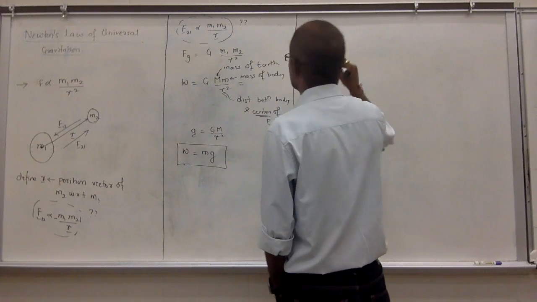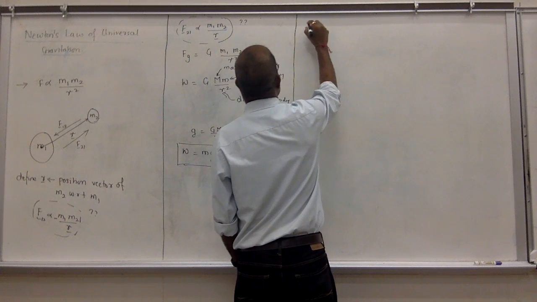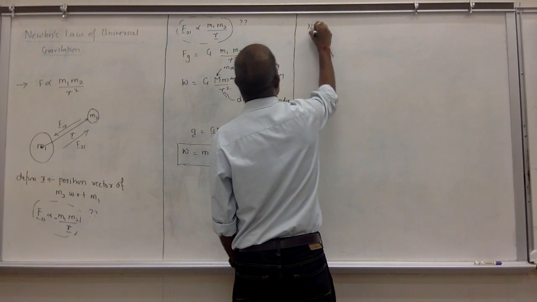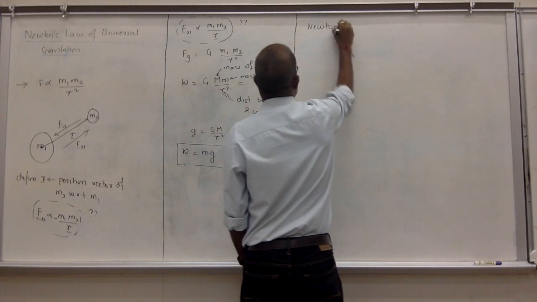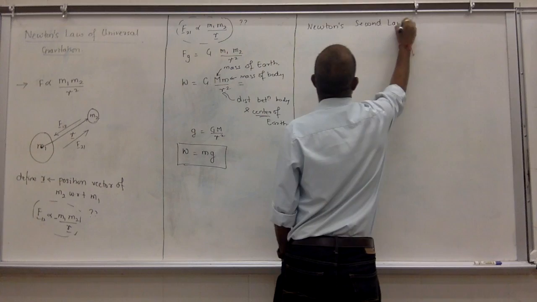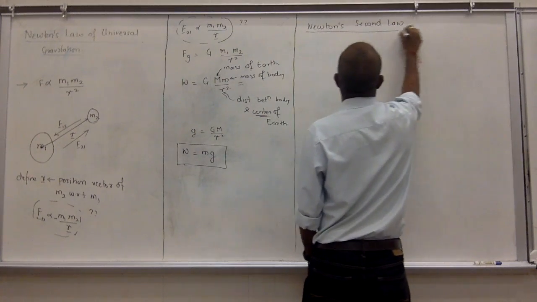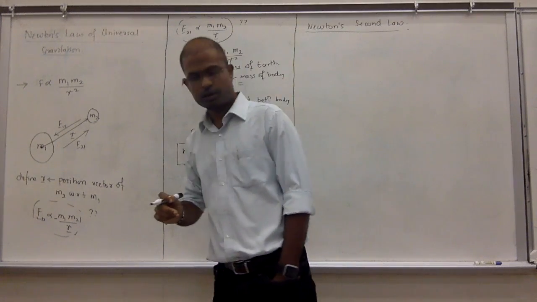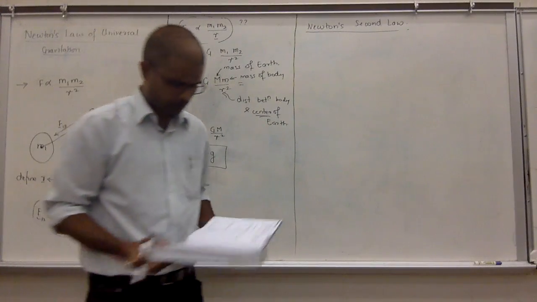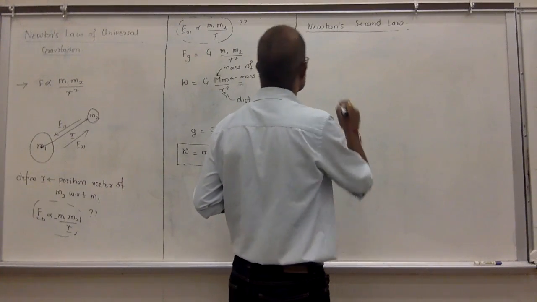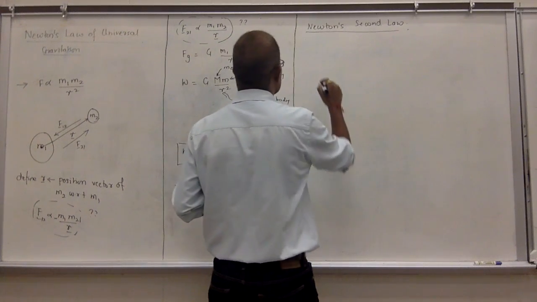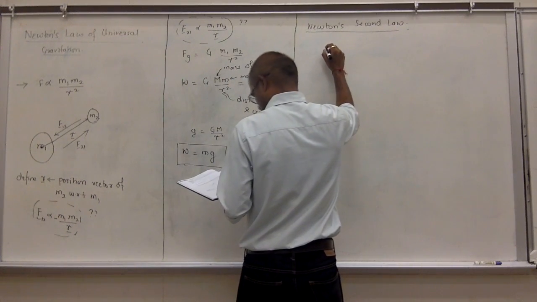Similarly, Newton's three laws of motion. In our study, for this course, Newton's second law is very, very important. Okay, although Newton's first law and third law are also important, but we will use this law more extensively.